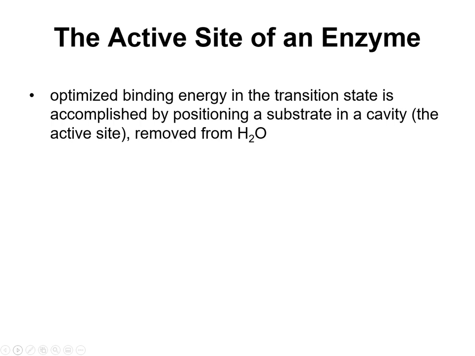It's got water all around it to keep it in solution. So you have to overcome the interactions between water and the substrate and make it more favorable for the enzyme to bind the substrate. So you have to replace all those interactions and make it so that the substrate is like, oh yeah, I'll let go of the water so I can bind here. This looks like the place I want to be.